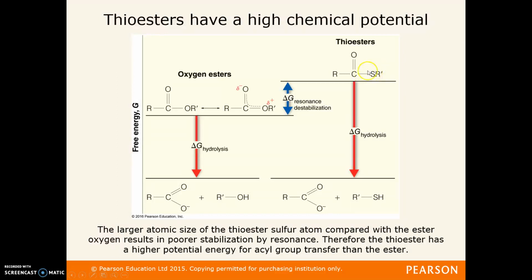So consequently, it is inherently less electronegative. That means that there is more energy available through the lysis of this bond, right? So if we take an oxygen ester and lyse it, we get a certain amount of energy. If we take a thiol ester, there is inherently going to be more energy.